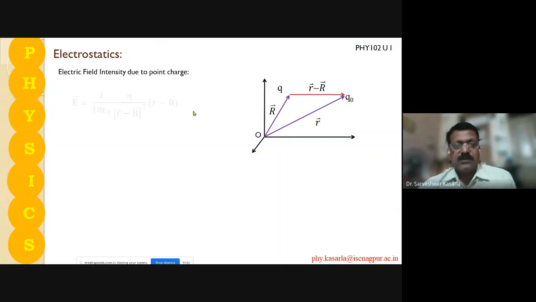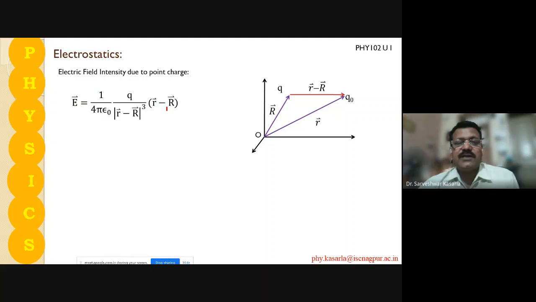Then the intensity, we know, is equal to 1 upon 4 pi epsilon 0 q upon mod of (r minus R) cube, into the vector r minus R. So this is the magnitude of the force and its direction is the vector r minus R. In place of Q0, since this is the expression of intensity, there remains charge q only, because the test charge is taken as unit.